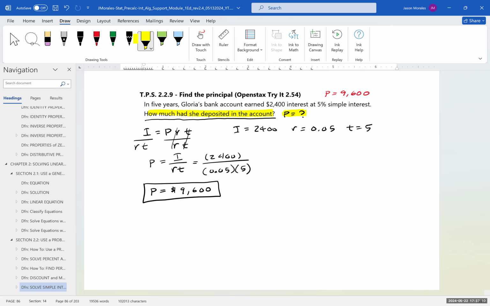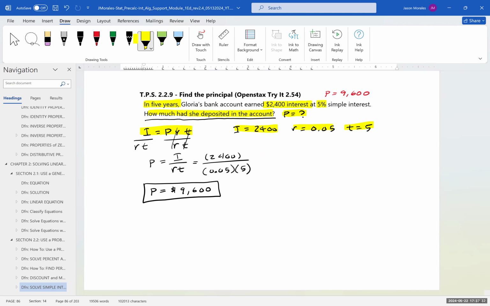So we're solving for principal, which means we should have the other three variables accounted for. So we know we got $2,400 in interest. A simple interest rate of 5% over a period of time of 5 years. So I equals PRT. We want to solve for principal.